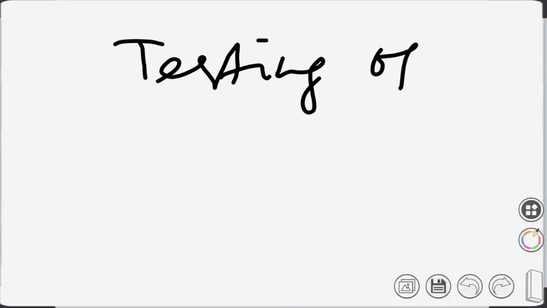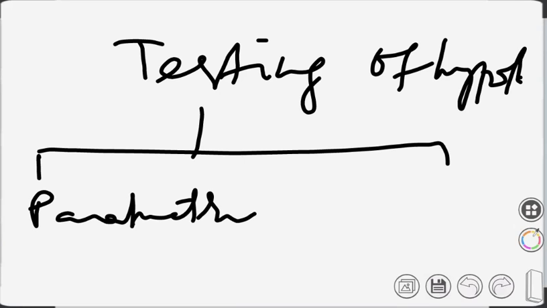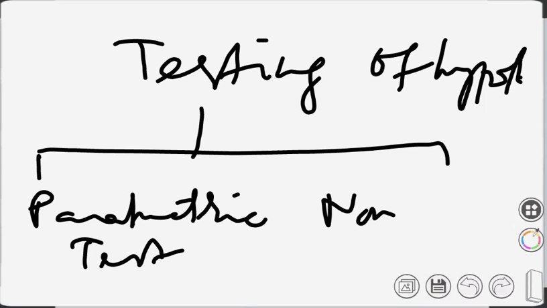Now in testing of hypothesis, what is done? In fact, testing of hypothesis are of two types. One is called parametric test and the other one is called non-parametric test.